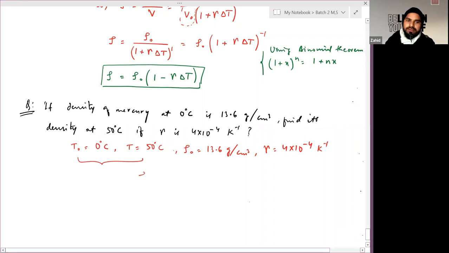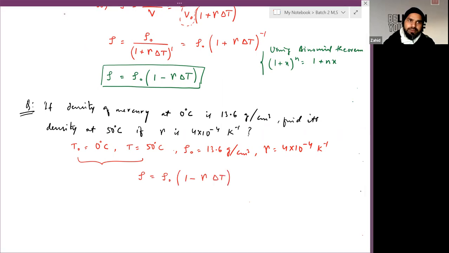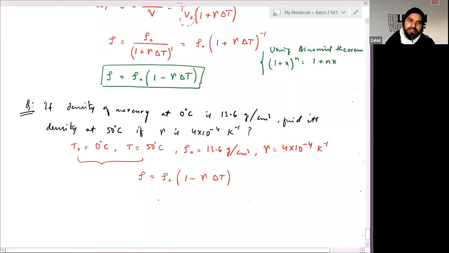Let me solve. New density rho equals rho naught into 1 minus gamma delta T, in which rho naught is given as 13.6. Gamma is 4 into 10 to the power minus 4, and the change in temperature, 50 minus 0, gives 50.